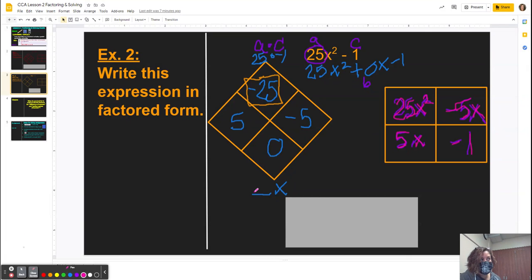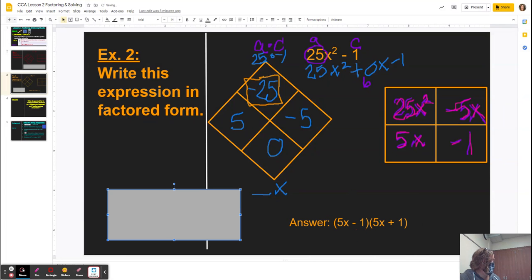All right, anybody want to share what you got? I move the gray rectangle. Kenzie? So 5x plus 1, 5x minus 1? Okay.